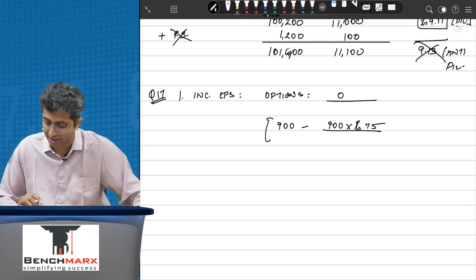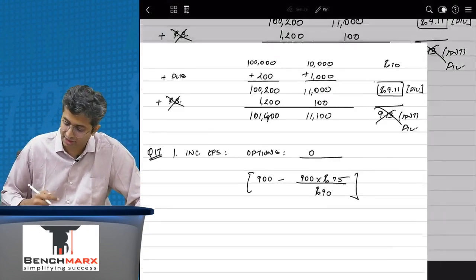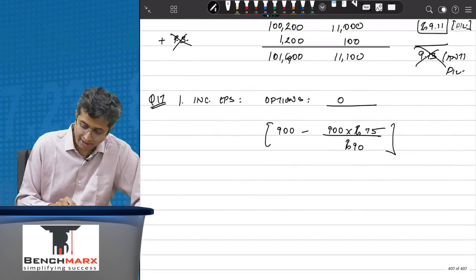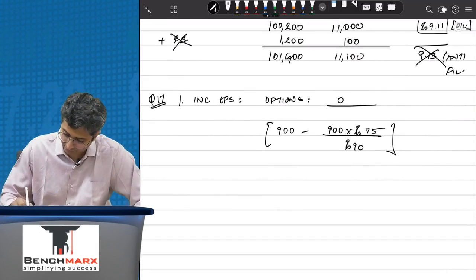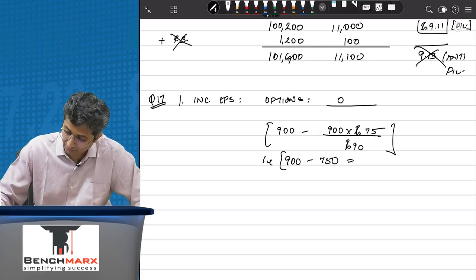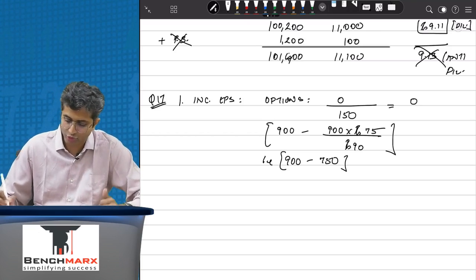What do we do with this 900 into 75? We will buy the company shares, and these company shares in the market are available at 90 rupees, the average fair value. And hence 900 into 75 divided by 90 will come to 750. That is, 900 minus 750 will come to 150. So there are 150 potential equity shares for the options. 0 divided by any number is going to be 0.